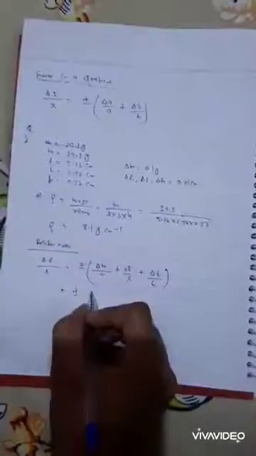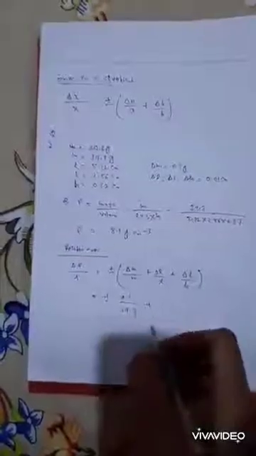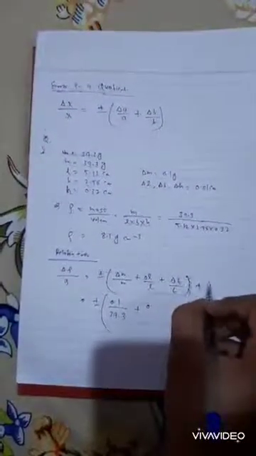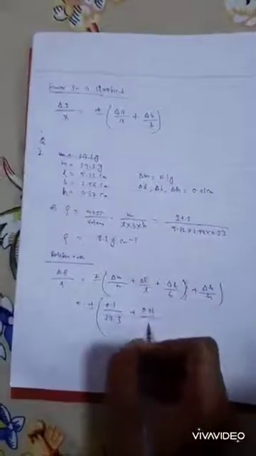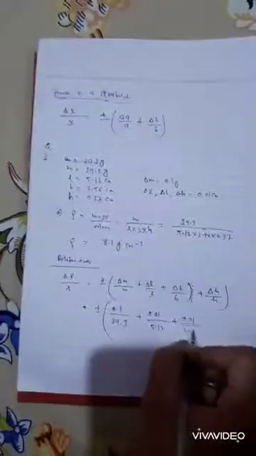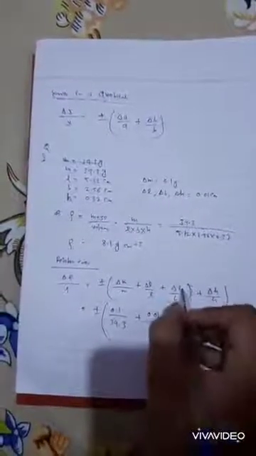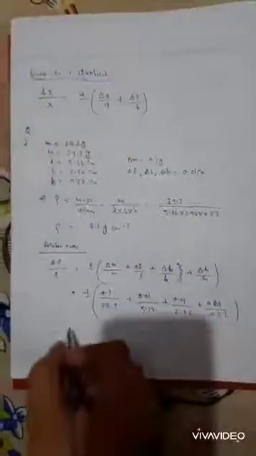So delta m we are having 0.1, m we are having 39.3, plus, sorry, you have to write one more term here, that is delta h by h. 0.01 by L, that is 5.12, plus 0.01 by 2.56, plus 0.01 by 0.37.